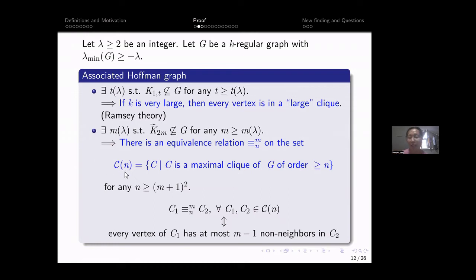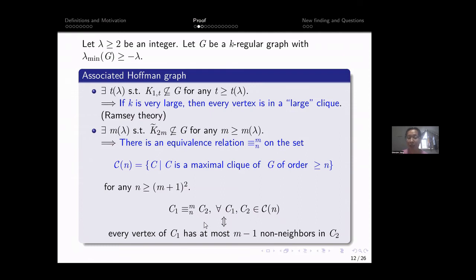We use C_n to denote the set of maximum cliques of G of order at least n. Here we need n to be at least (m+1) squared. When the graph K̃_{2m} is not an induced subgraph of G, then we can have an equivalence relation on the set of maximum cliques C_n.